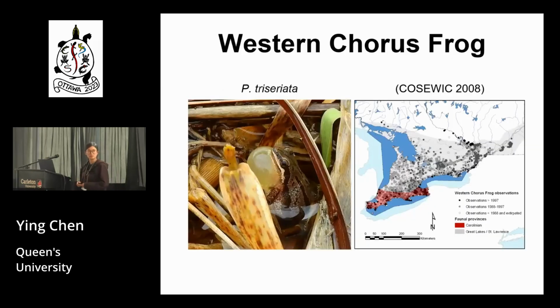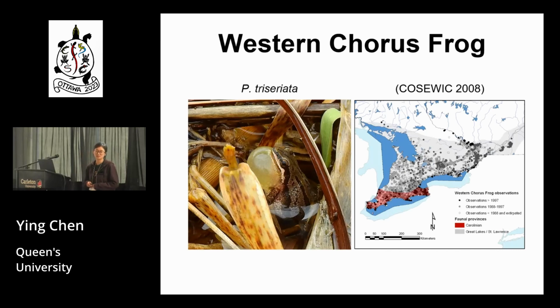So we are interested in Western forest frog, which is a species of conservation concern, as Madeleine and Jeffrey mentioned before. The Great Lakes population, shown in gray on the map, is listed as threatened. And there's debate on the taxonomy.